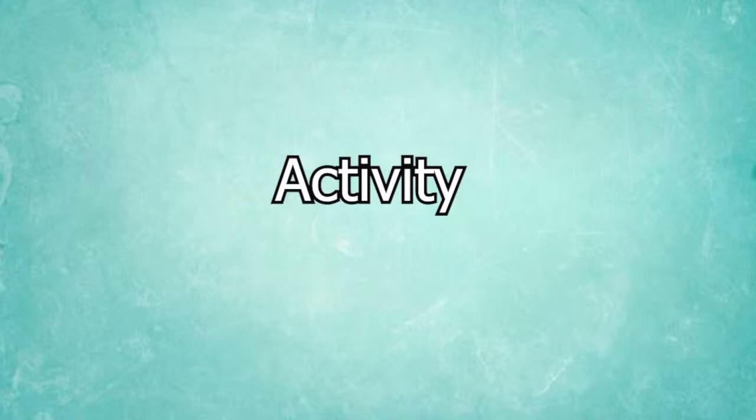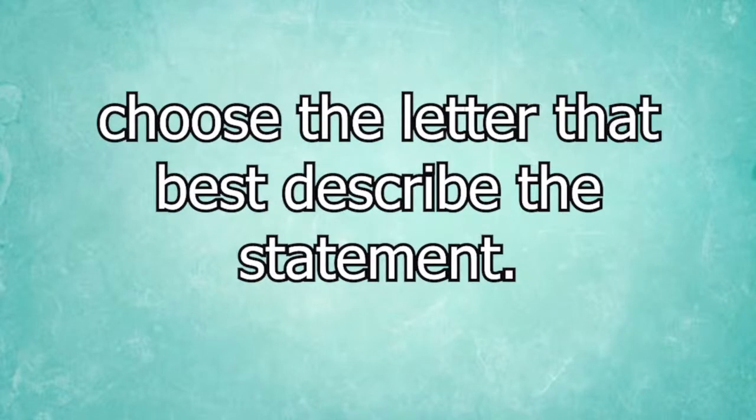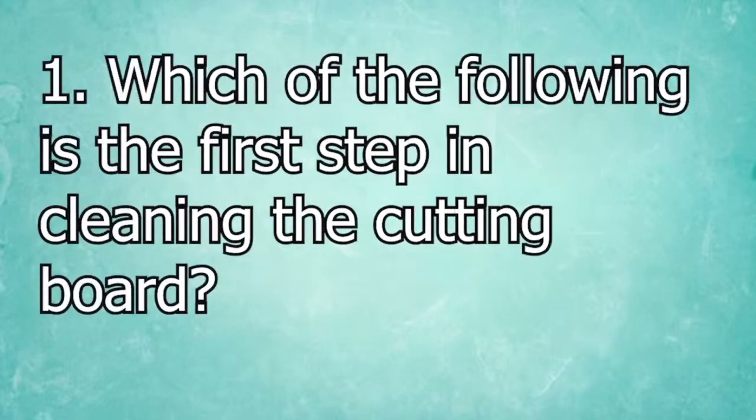Now for your activity. Direction: Read the following statement carefully. Choose the letter that best describes the statement. Number 1. Which of the following is the first step in cleaning the cutting board?